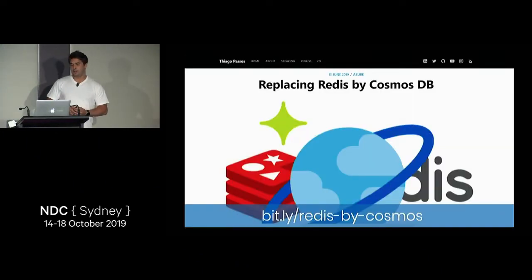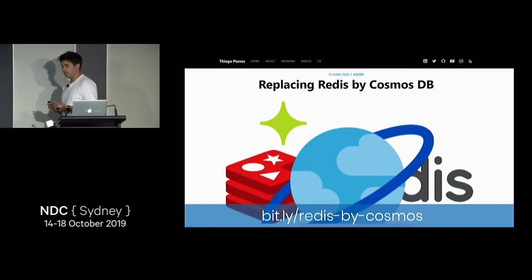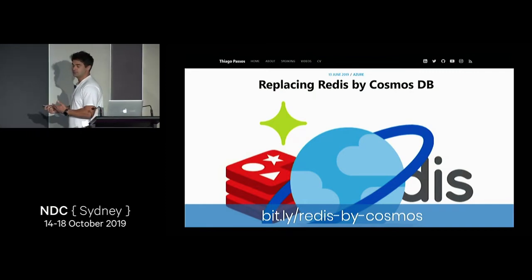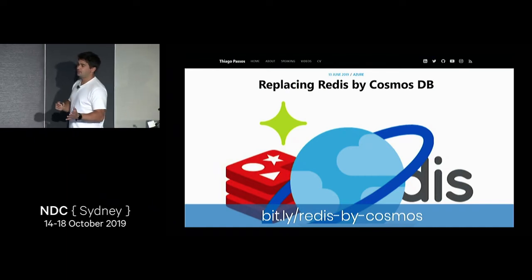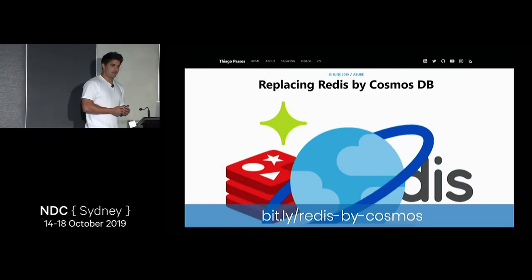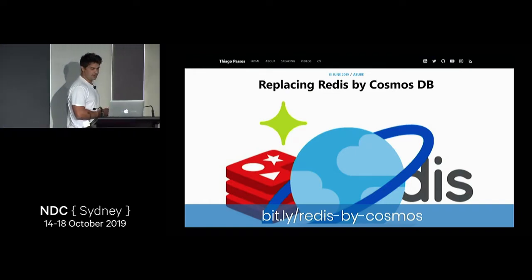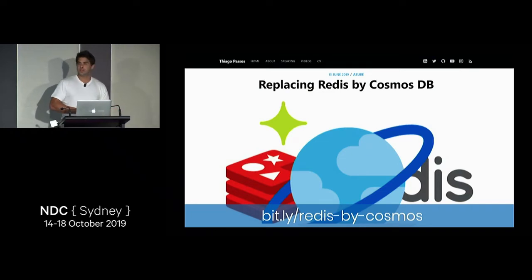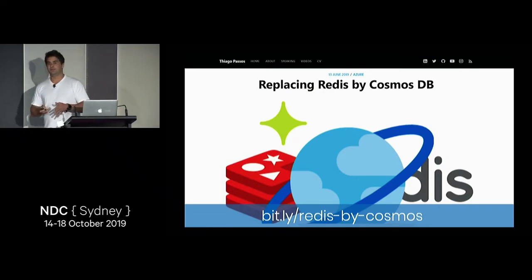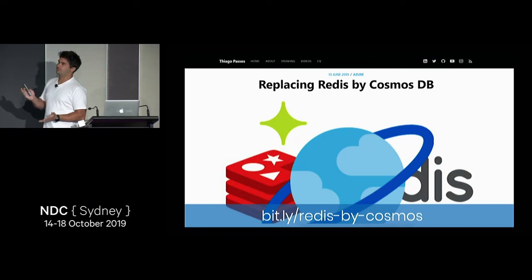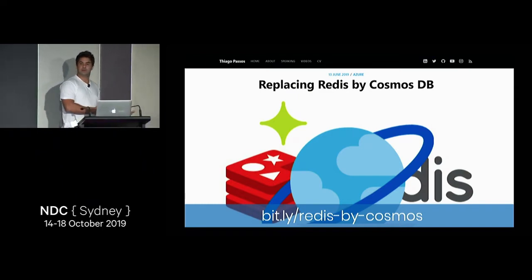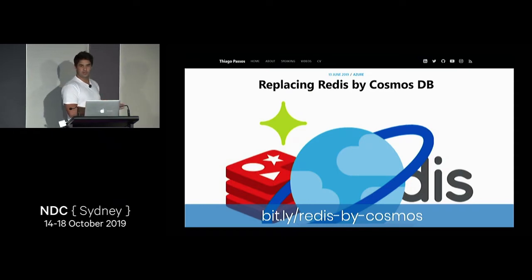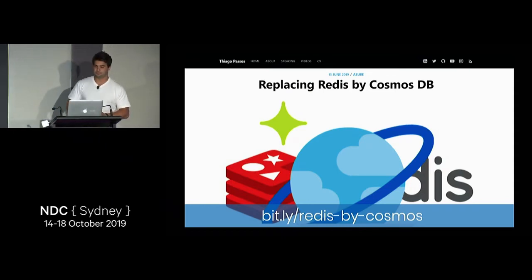Another story about saving money by moving to Cosmos DB was when I moved from Redis cache to Cosmos DB. I actually put a blog post about how I did it and how much I saved. I had an instance of Redis in Azure, and I was paying about $150. And that was the minimum I could get on Azure. That was the smallest instance you can get with Redis.